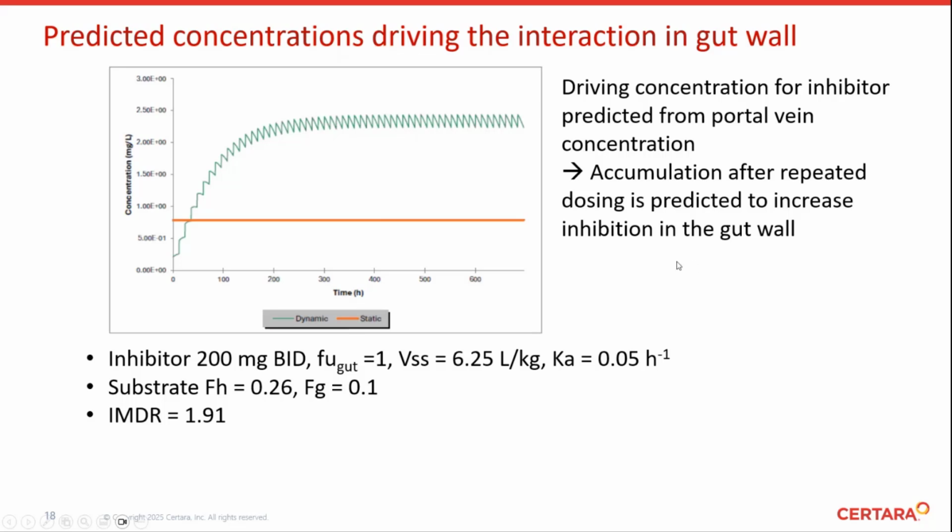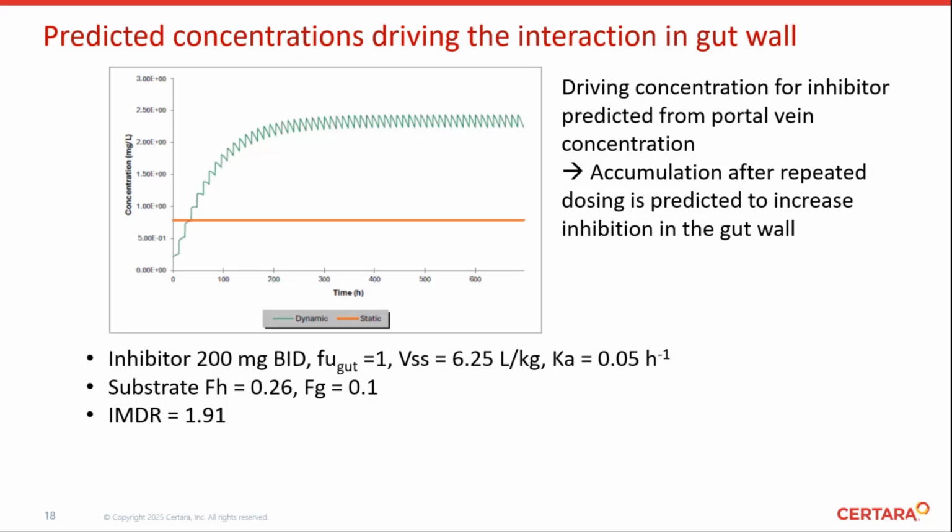Whereas with the dynamic simulation, with the model we have used here, the driving concentration for the inhibitor in the gut wall is derived from the portal vein concentration, and that is increasing, and it can actually be higher in these simulations than what you would predict with the static model. That is explaining why we predict higher interaction in the gut wall with the dynamic simulation than with the static model.